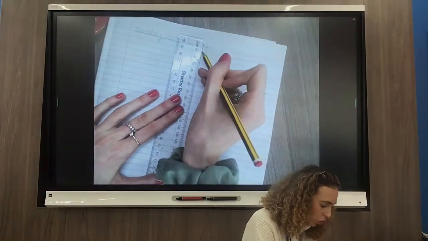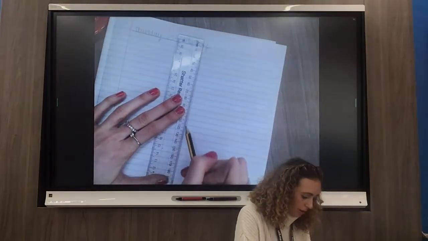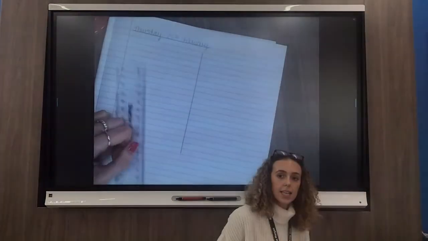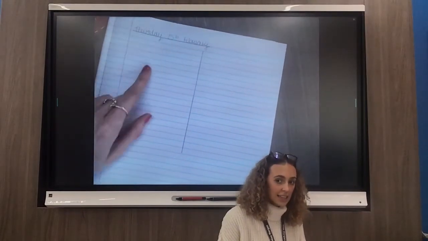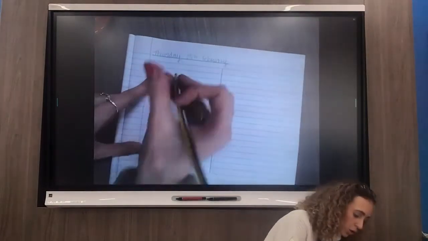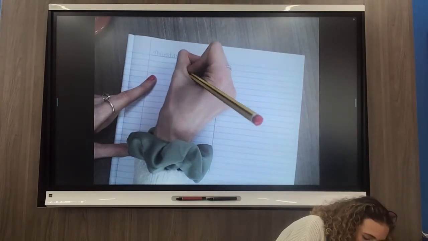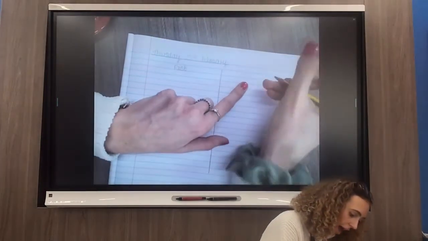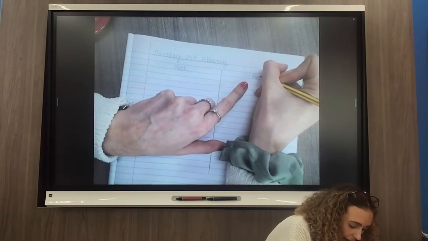And I'm going to draw a nice neat line from my second line down to the middle of my book. Can you see that, year 3? A nice neat line. And on this side, I'm going to write past, past. And this side, I am going to write present, present.